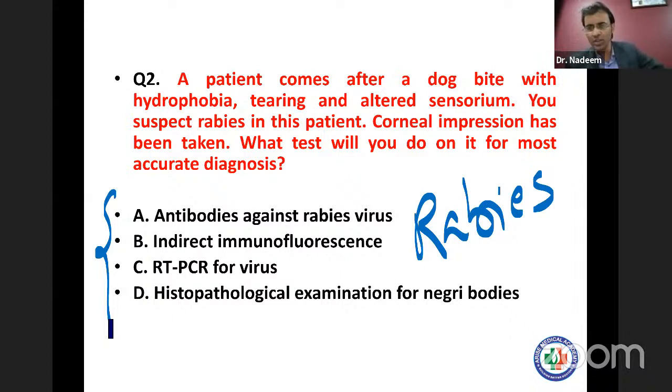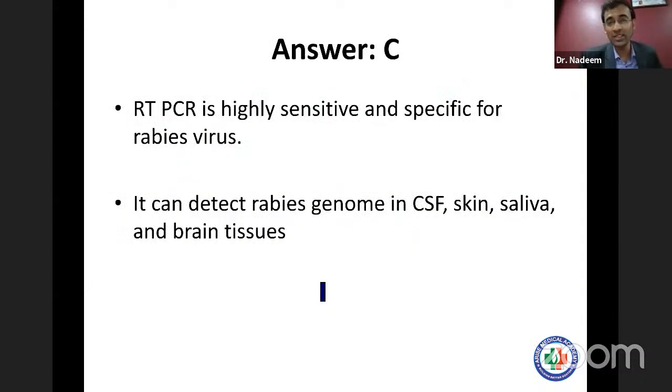This is related to the investigations which we are learning in microbiology, for rabies. So which one are you going to perform here? RT-PCR. In a case of rabies, RT-PCR can detect the genome of rabies in CSF, skin, saliva, and brain tissues.